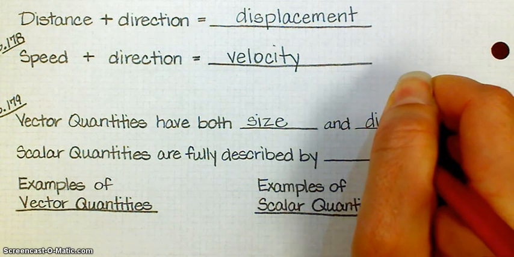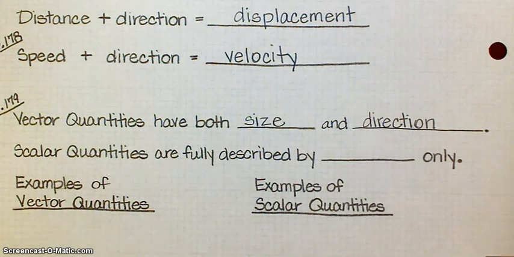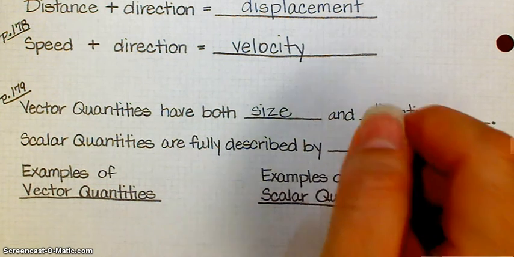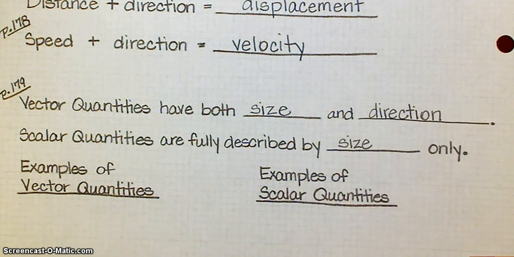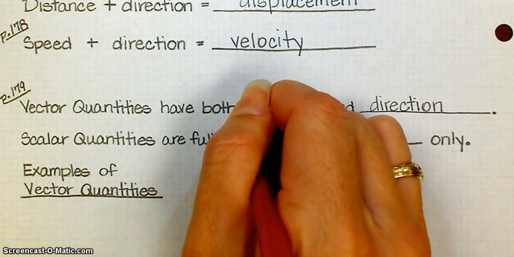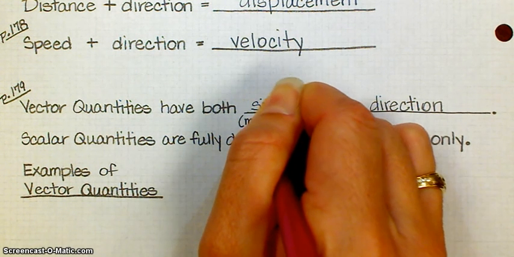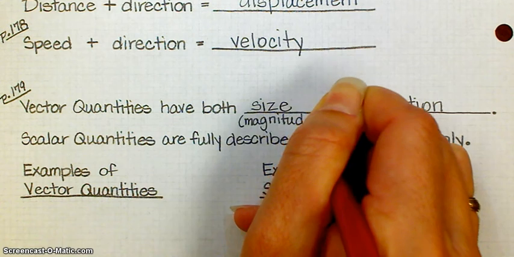Good. The direction matters. Scalar quantities, on the other hand, are fully described by size only. Sometimes instead of size, I may use the word magnitude, but that's just a fancy word for how big. Okay?